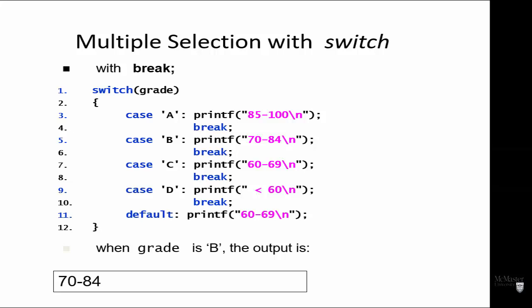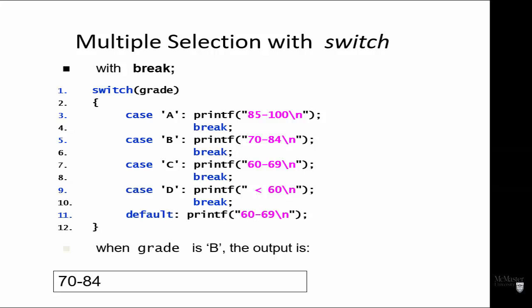Exactly, because if you don't break, then what you are going to do is, in case of A, you print something, but then you check this condition. Here what we have by default is actually if grade is only a character, it cannot be A and B at the same time, right? But if you go back to this previous example, a number can be actually larger than 70 and 80 at the same time, right? Do you see what I mean? So multiples of these conditions can be true at the same time.